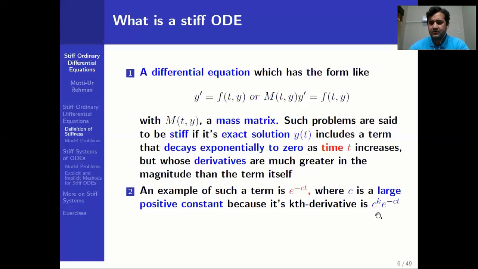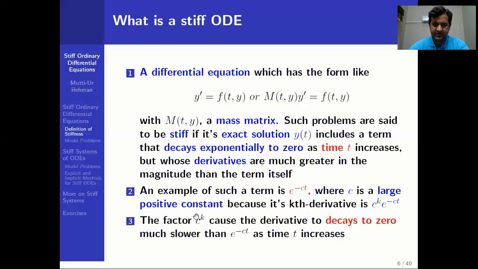Because of this factor in front of the exponential function, the term decays to zero very quickly compared to this one as t increases.